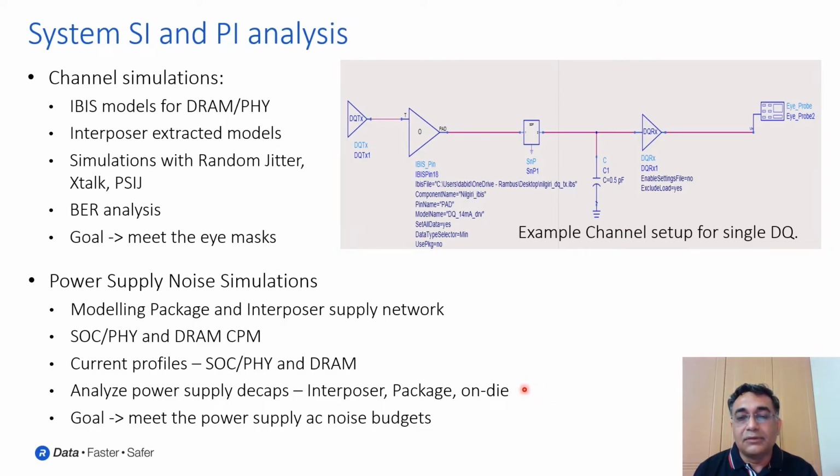So this is an iterative process, and we can optimize the power peaking with the on-die cap, package cap, and the interposer caps. The goal in the end is to meet the power supply AC noise budgets.